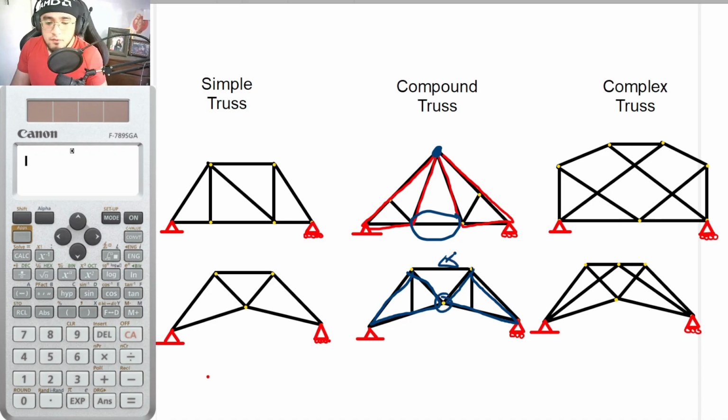Okay, so what about a complex truss? A complex truss is neither a simple one nor a compound one. Complex trusses often consist of overlapping members. Suppose that we have this complex truss here, we have this member here and this member here.